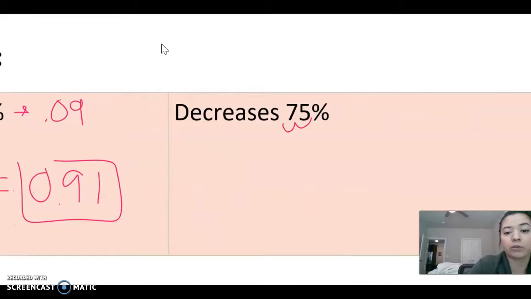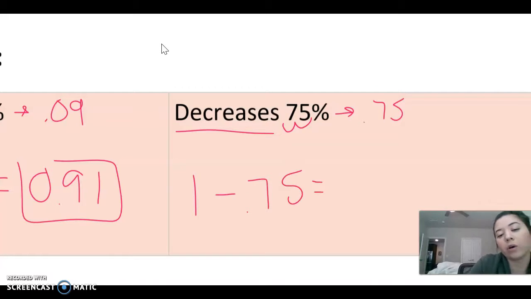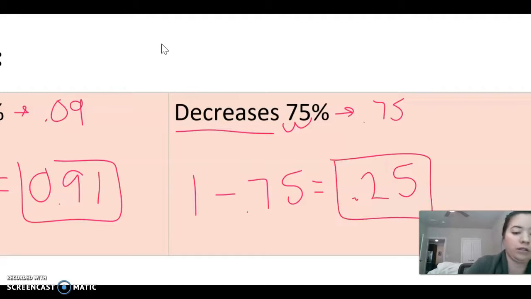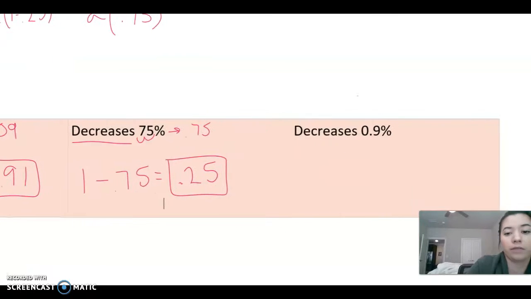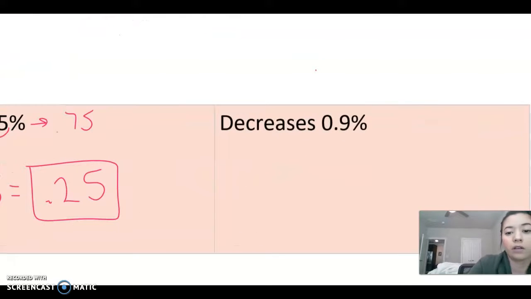Again, move that decimal twice. 0.75. This is a decrease, so 1 minus 0.75. One dollar minus 3/4 is 1/4. And once, twice, fill it in with a 0.